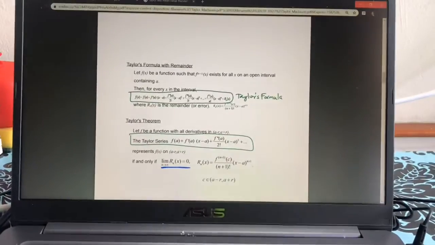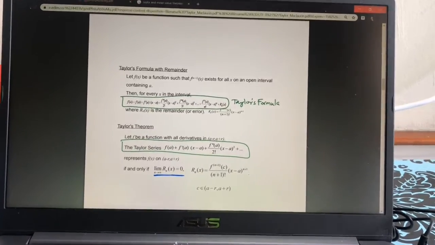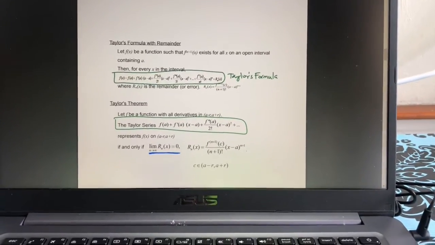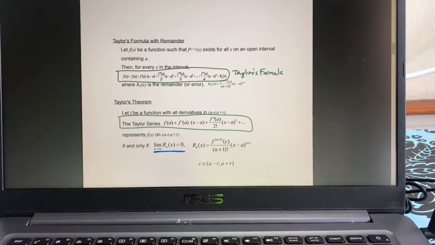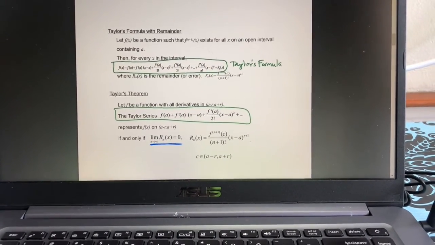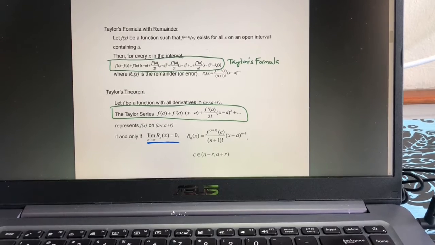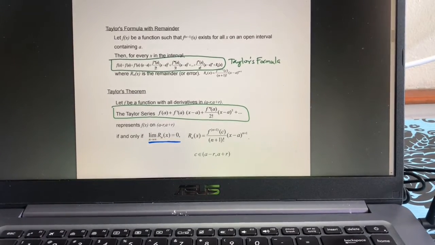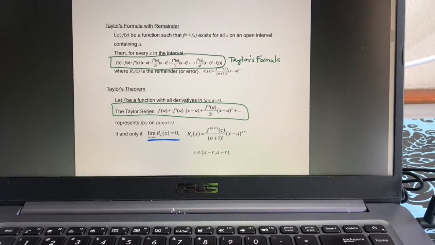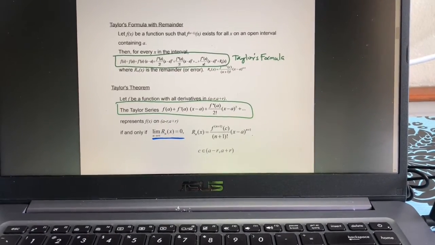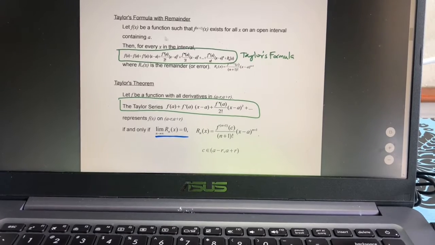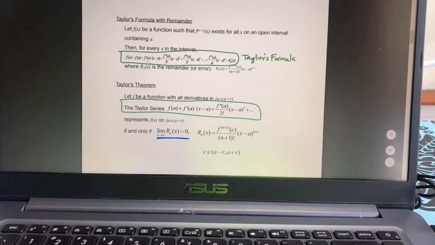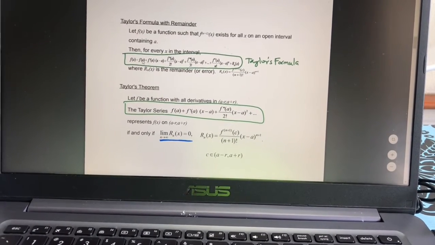Alright, so just now I talked about Taylor's and Maclaurin. As I mentioned before, Taylor's and Maclaurin are actually linked together. So the formula is also almost the same, the difference is only here.